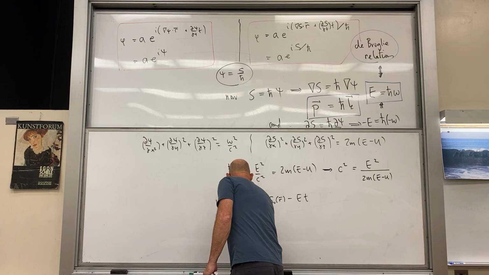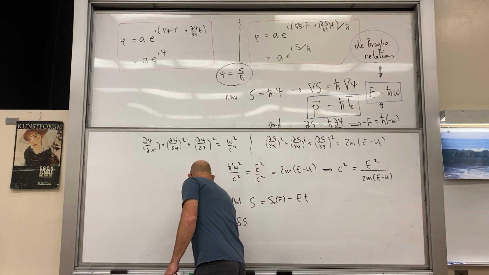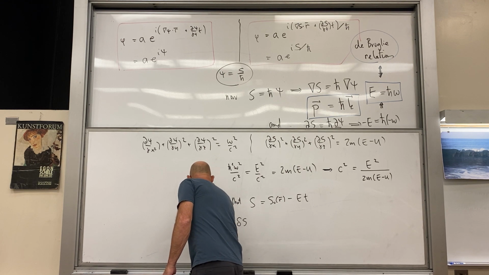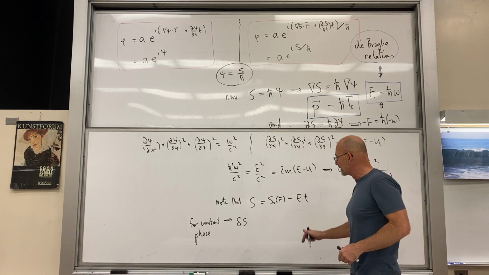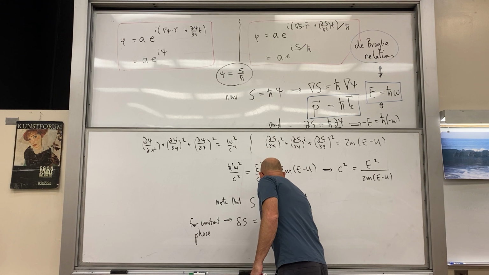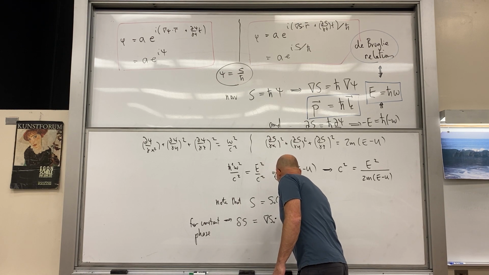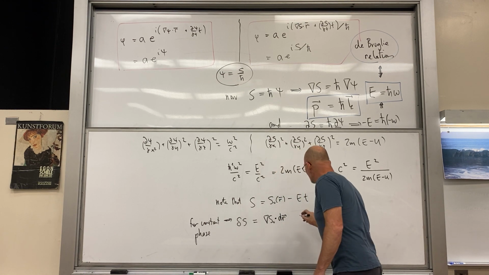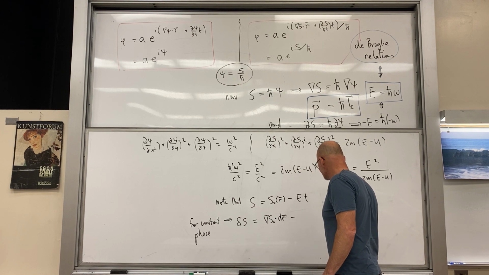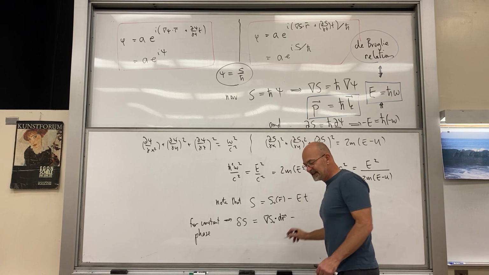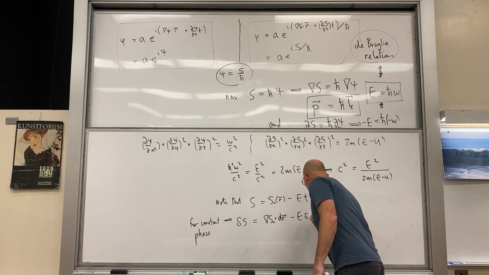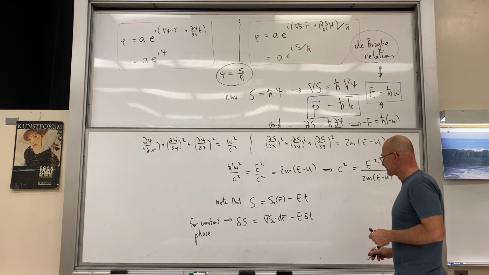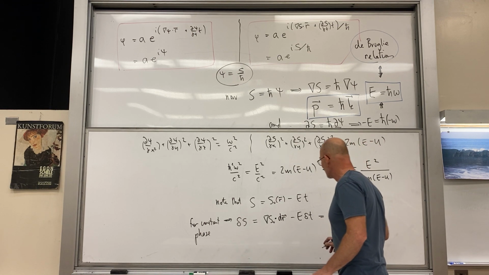Then for constant phase, and we're looking for the speed of the planes of constant phase, dS is equal to the gradient of S naught dotted into dr minus E dt, because E is constant, right? Constant energy.